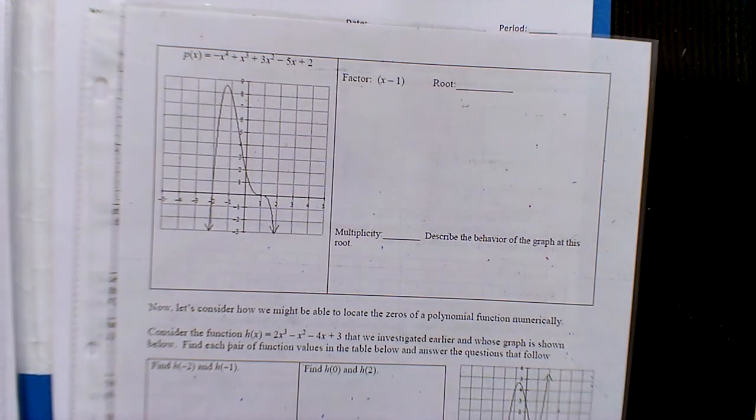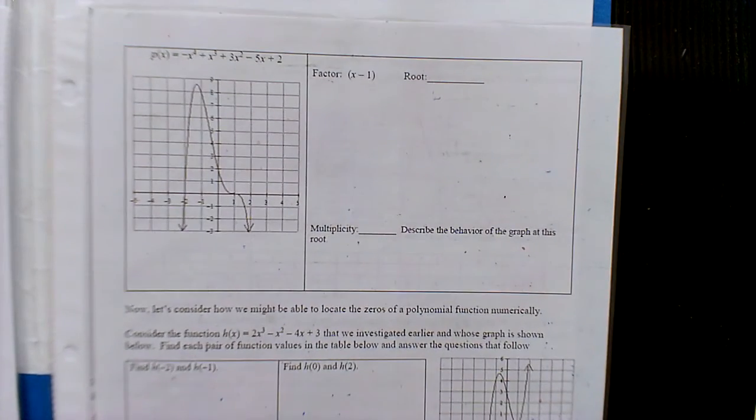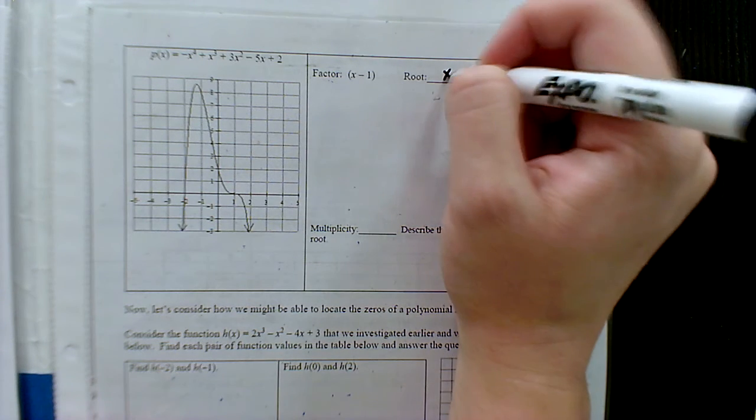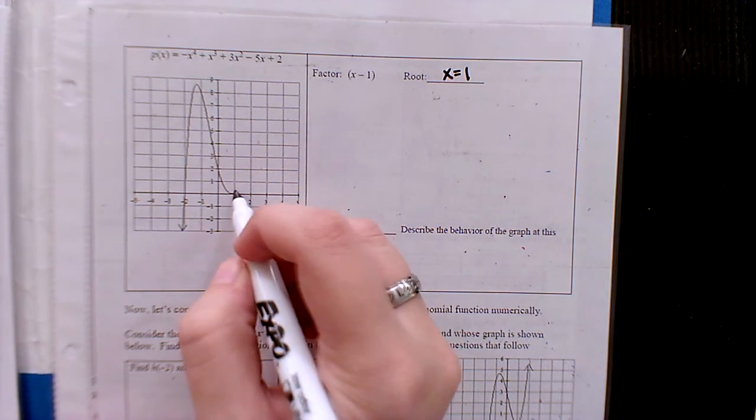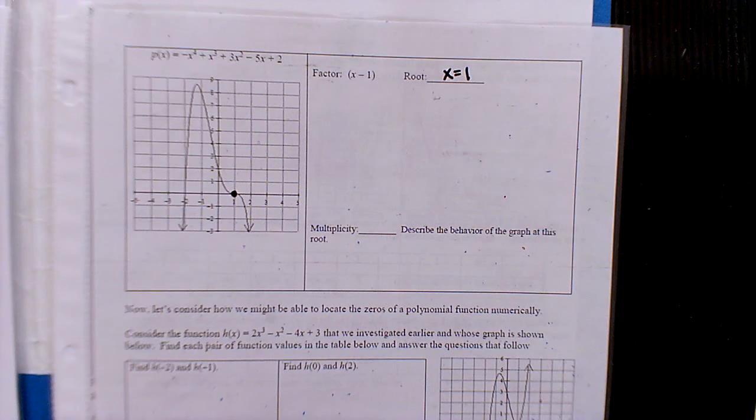All right, don't look at the graph just yet. We're looking at the factor x minus 1. So our root or x-intercept would be positive 1. Let's go ahead and see how many times it's a factor. How many times does it go in evenly? So we're going to have some division to do.